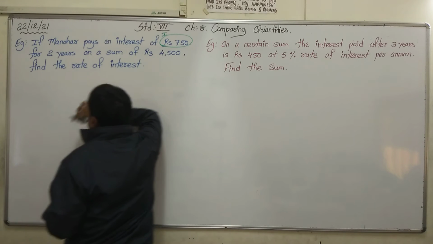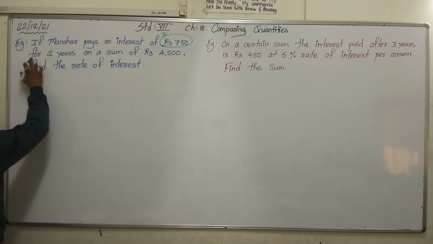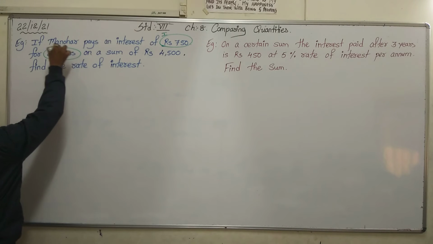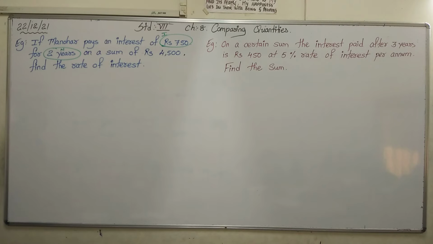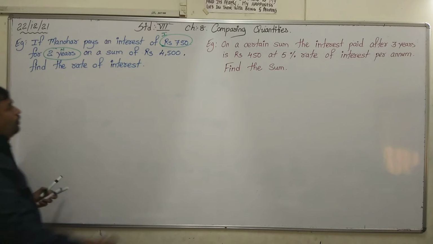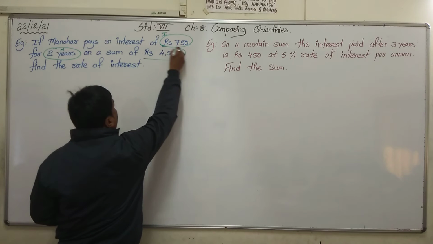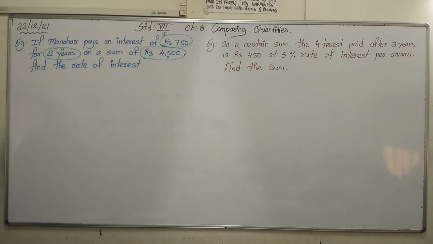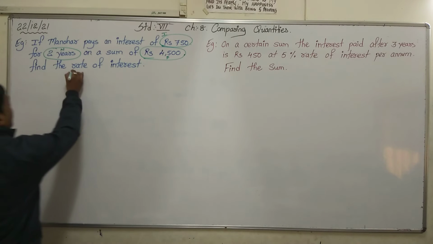Interest for 2 years, and on the sum of rupees 4500. Sum, that is your principal. What is your sum? Principal. On this amount, for this many years, Manoj has to pay 750 interest, meaning extra amount. Find the rate of interest.